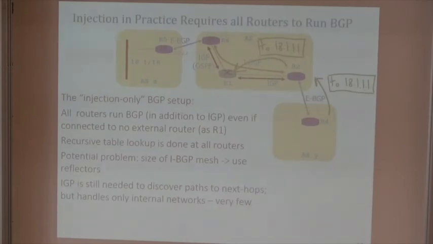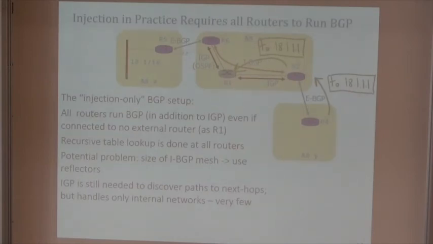And the reason for that is if we do injection and no redistribution. In this case, R1 learns from IGP this destination next hop and can inject it in the same way that R2 did it, and that solves the problem.